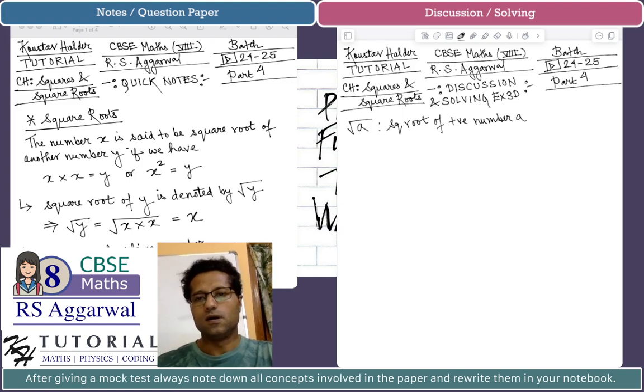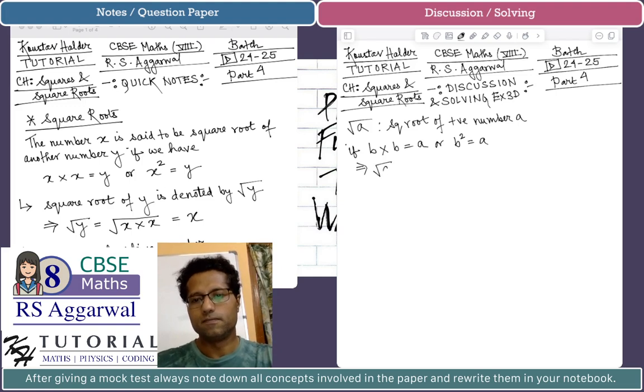So if there is another positive number b such that b multiplied by b is equal to a, or b square is equal to a, as we know from the laws of exponents, this implies that the square root of a will be equal to the square root of b square, b multiplied by b.